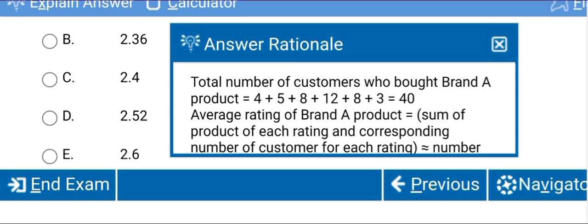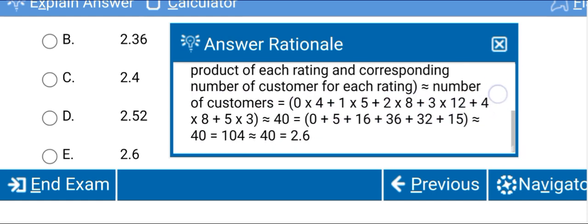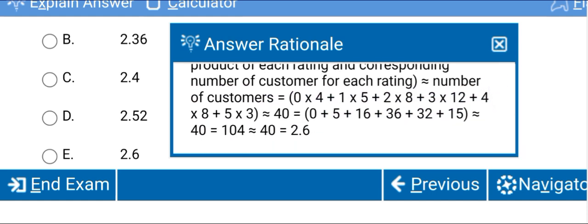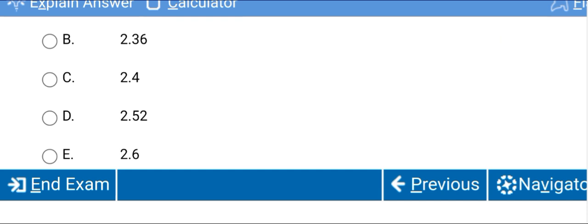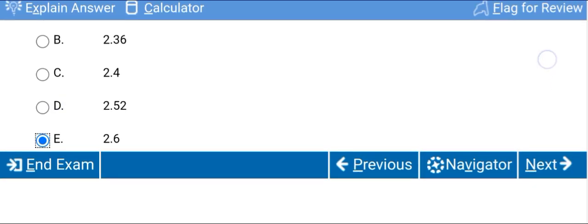So average rating of brand A product equals the sum of the product of each rating and the corresponding number of customers for each rating, divided by the total number of customers, all this multiplication as you can see here. So the right option we have is option E, that is 2.6.